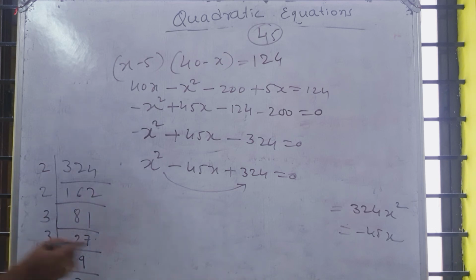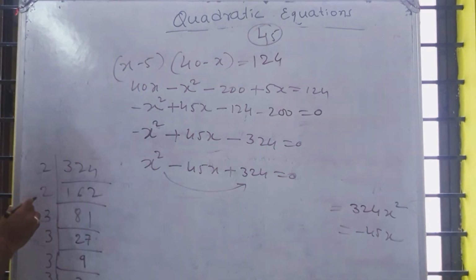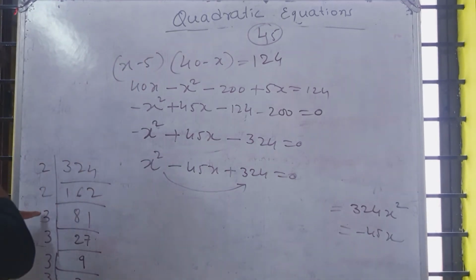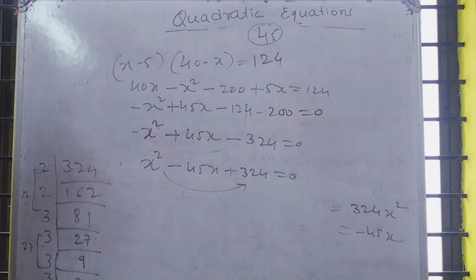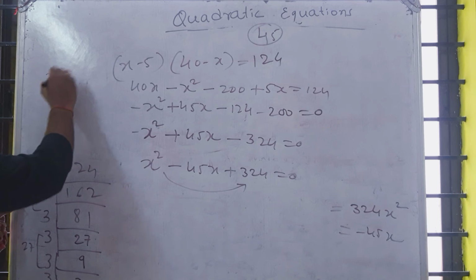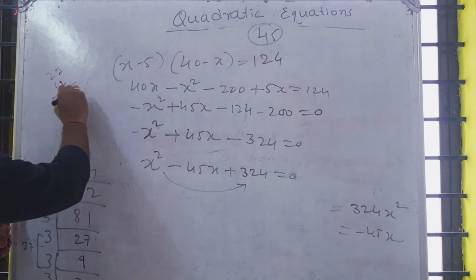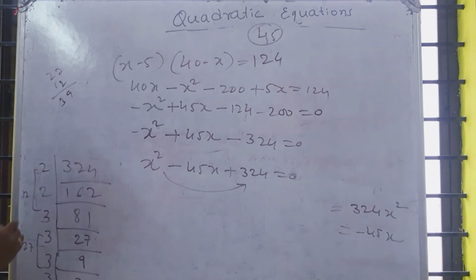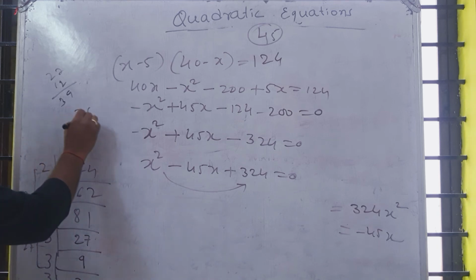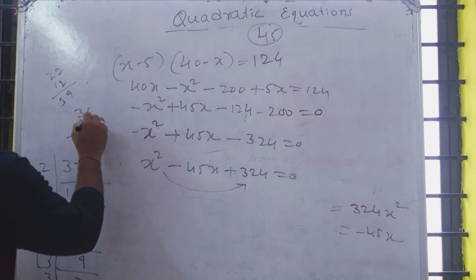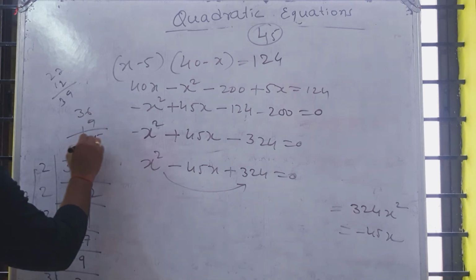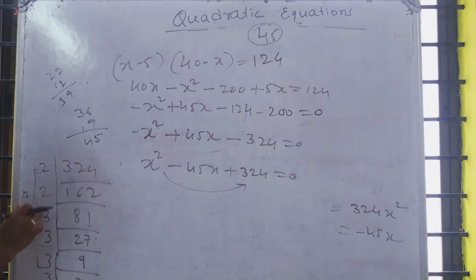Now you should get 45: 27 plus 12 you won't get, so take another one: 12 3s are 36 plus 9, that is 45. Yes, you get it.